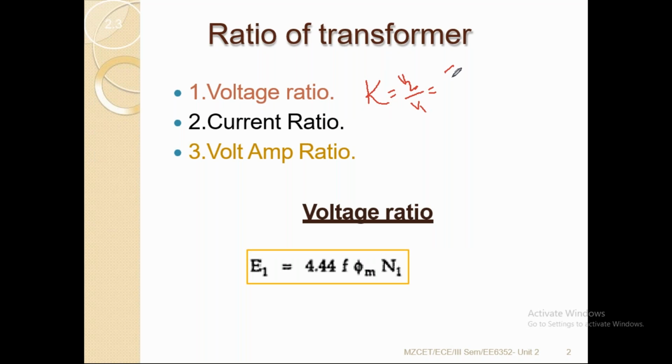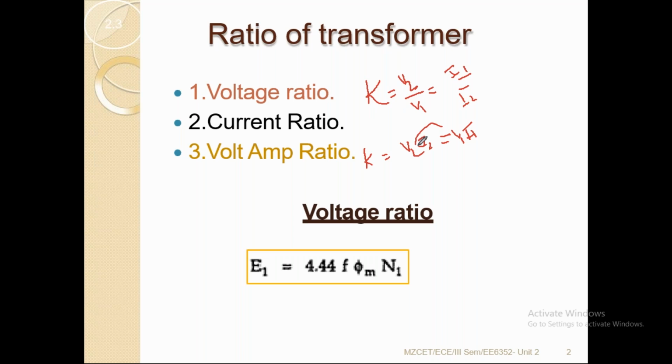Right, I1 by I2. Next, the volt ampere ratio. K is equal to, just cross multiply, V2 I2 and V1 I1. If you make this ratio, then you will get the volt ampere ratio.